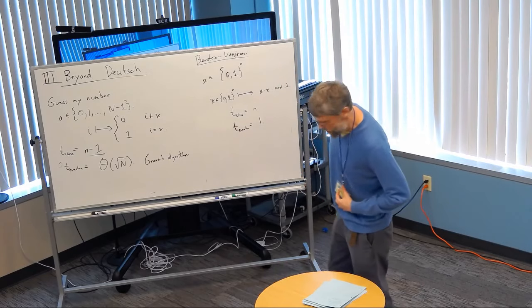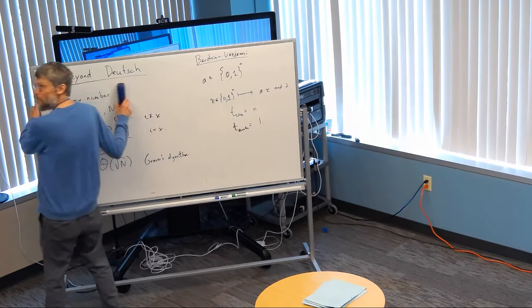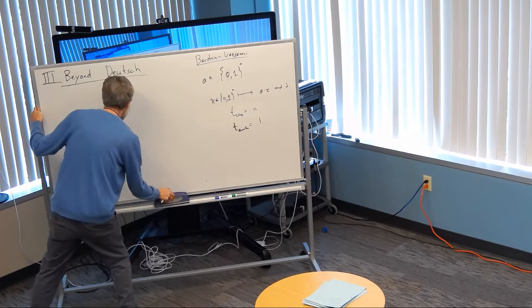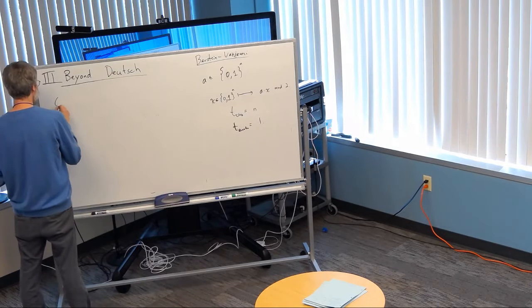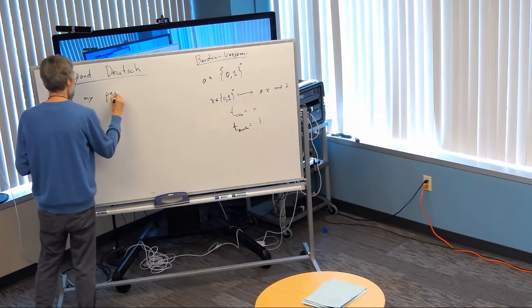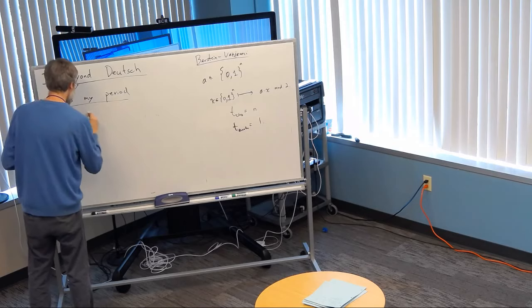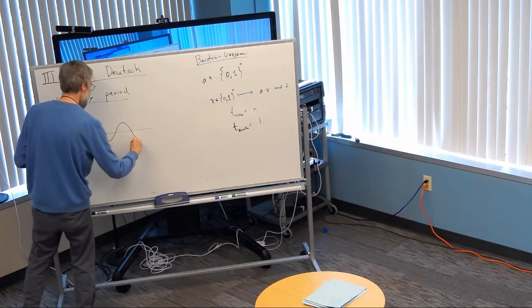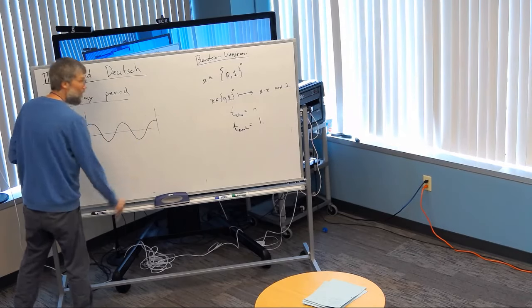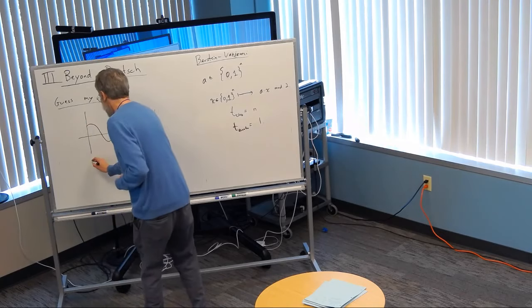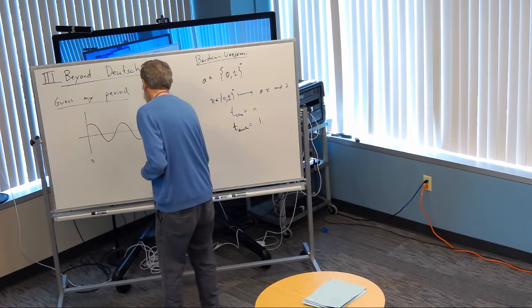And there's a couple other ones that are of interest, just to mention. There's guess my period. So maybe you have some function that's periodic, and everything's sort of discrete here, so this is like 0 to n minus 1.